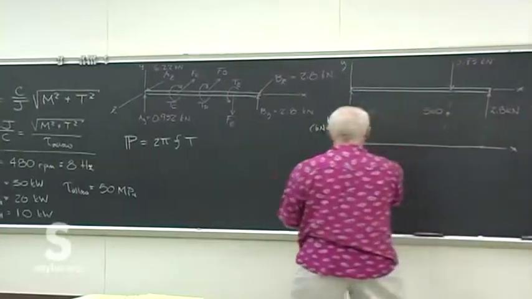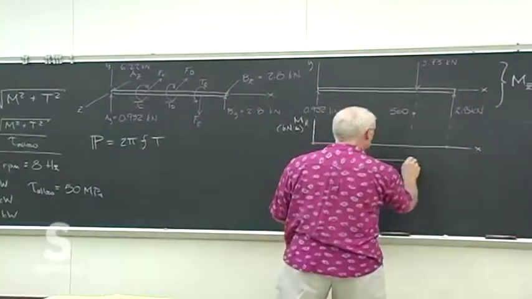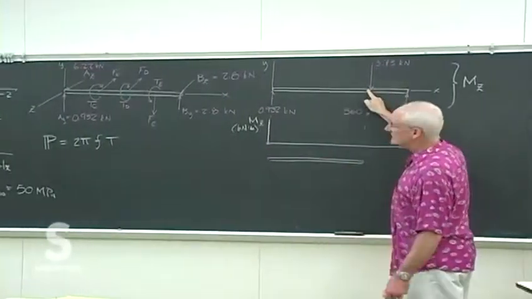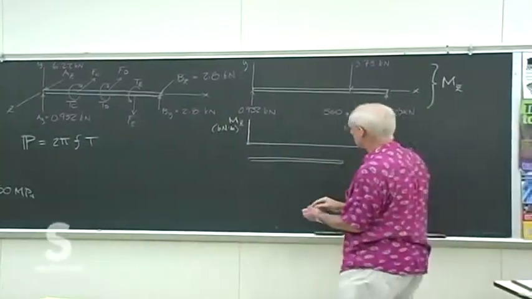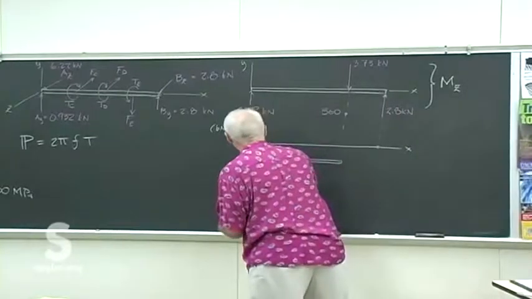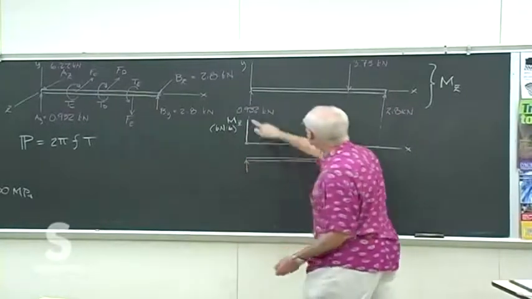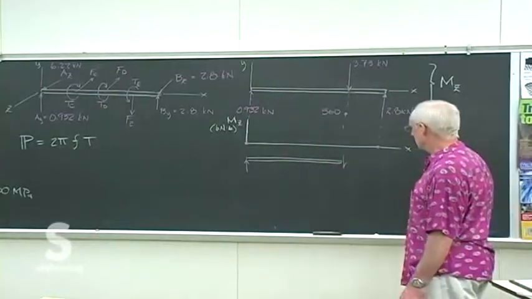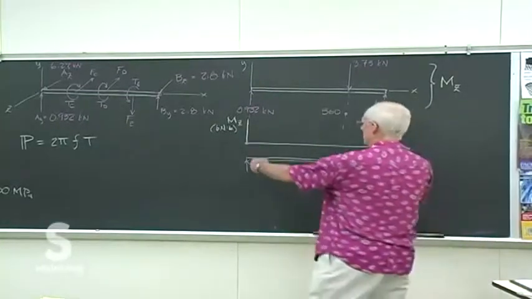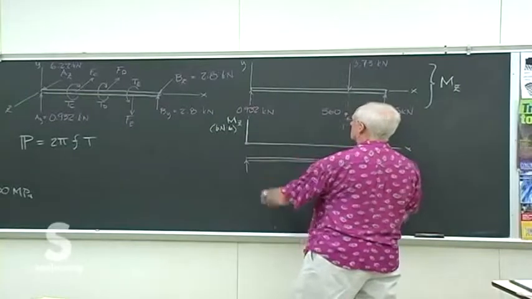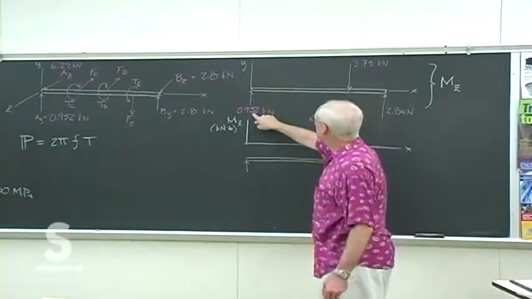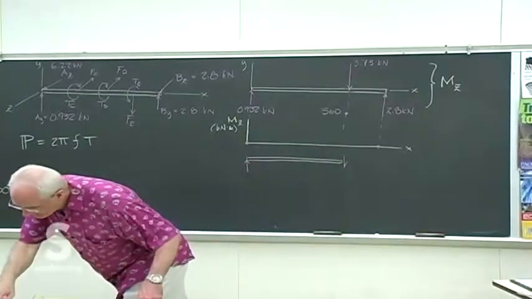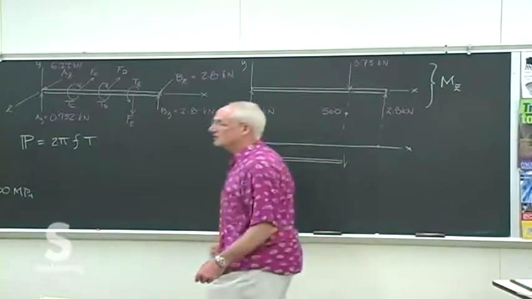And you get that just by doing an imaginary cut just barely before this 3.73, so that we know we have 0.932 there. We must have a shear of 0.932, and then we have that distance between these two as a couple. So that should be the 0.932 times, what is that, 600 millimeters.